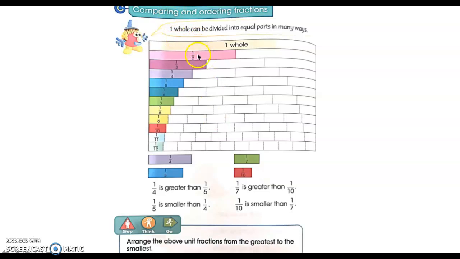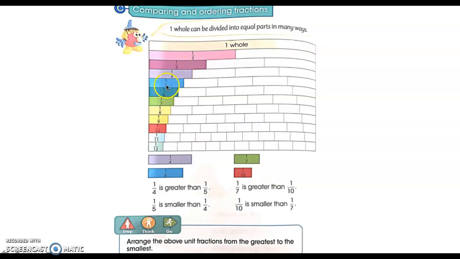Now see, if you compare half and 1/3, we know that the part for half is more than 1/3. So this fraction is greater than this fraction. Now see, if you compare half with 1/4, see, half is bigger than 1/4, so this 1/4 is smaller than half. Now see the length.